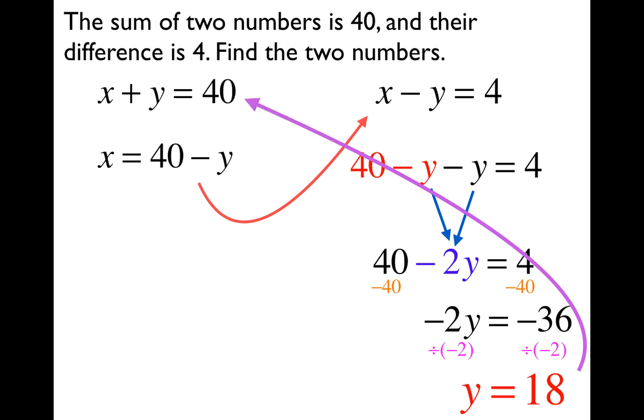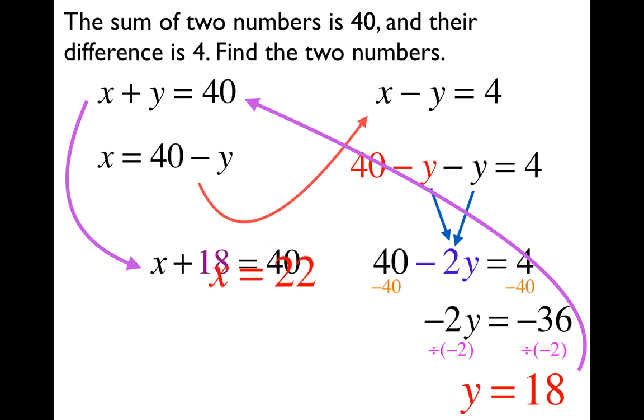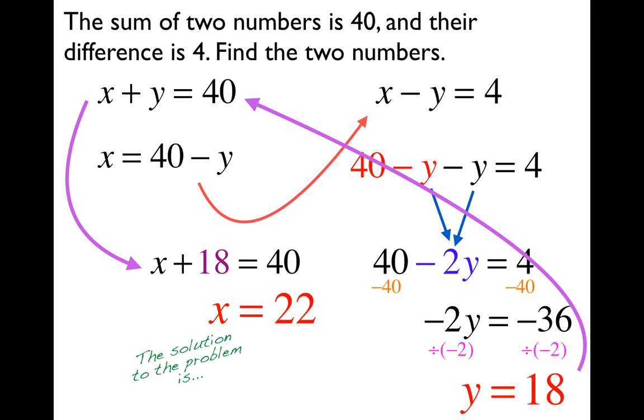So now I substitute this back into the original equation. x plus y is 40, but y is 18, so x plus 18 equals 40, and then you just subtract 18 from 40 to get x equals 22. Now we have solved the system of equations, and our two mystery numbers are 22 and 18.